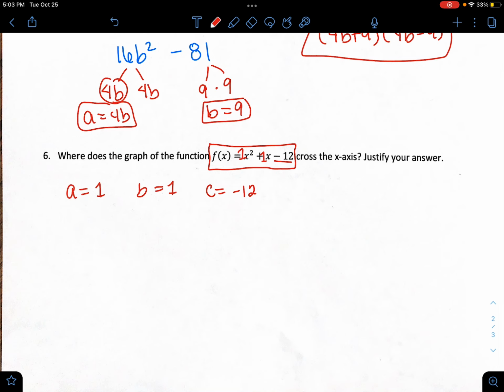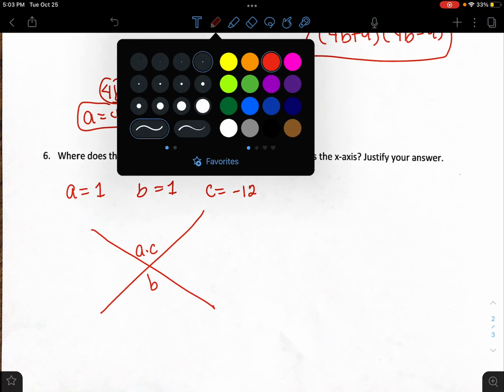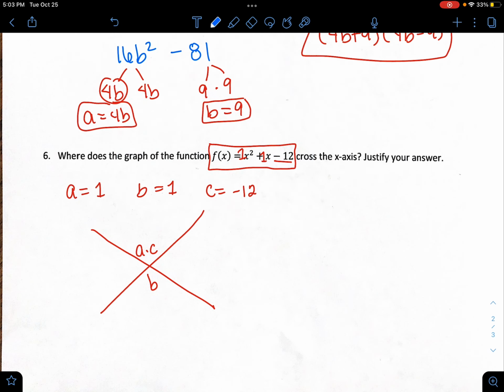You do not include x's. If I see x's, it is wrong. You do the cross. A times c goes on the top, b goes on the bottom. A times c, 1 times negative 12, which is negative 12. B is 1.